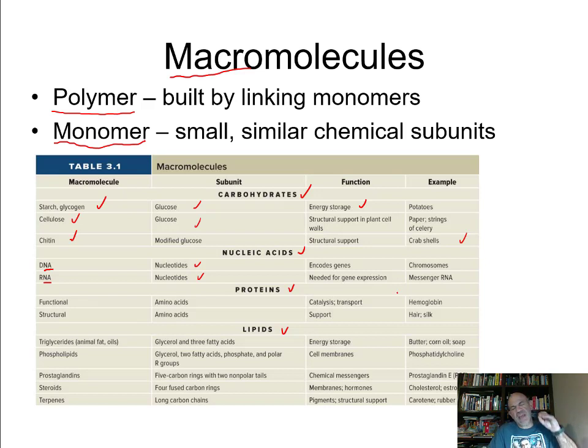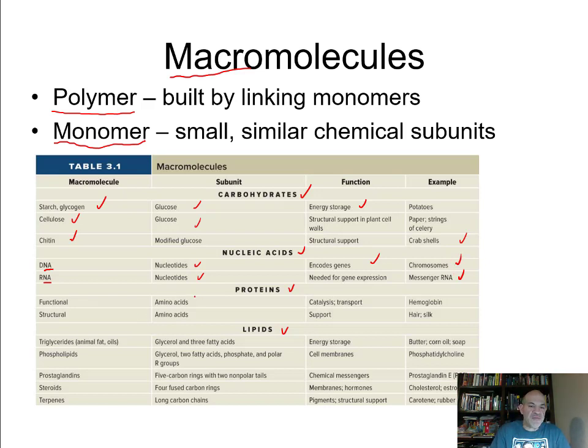So the DNA codes for proteins, which are the major molecules that run everything and build structure and so on in your body. DNA encodes the instructions, and the RNA is the go-between. The RNA takes those instructions to the machine called a ribosome to make them. An example would be messenger RNA. DNA is found in your chromosomes.